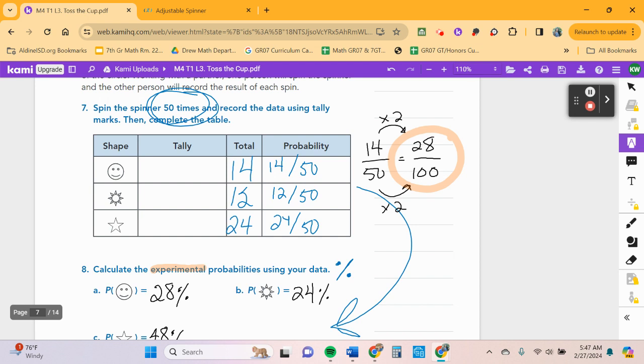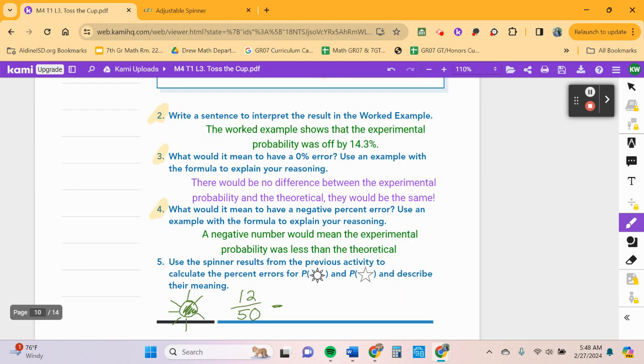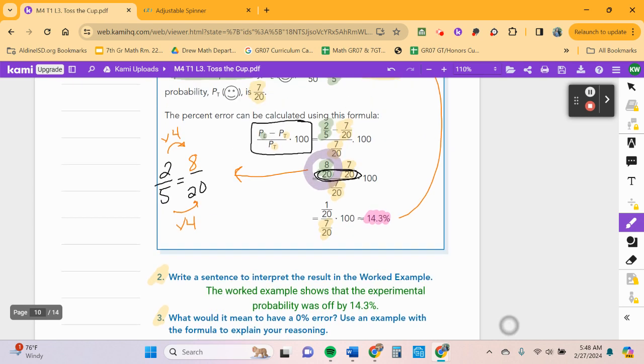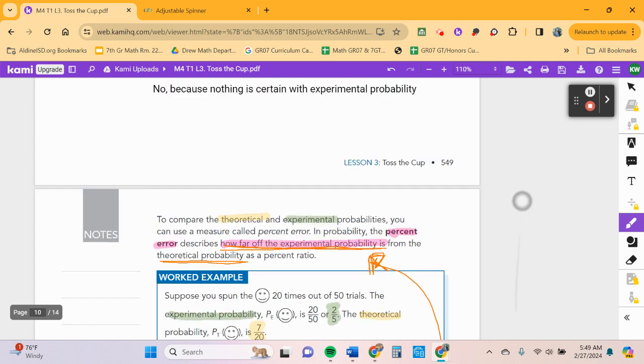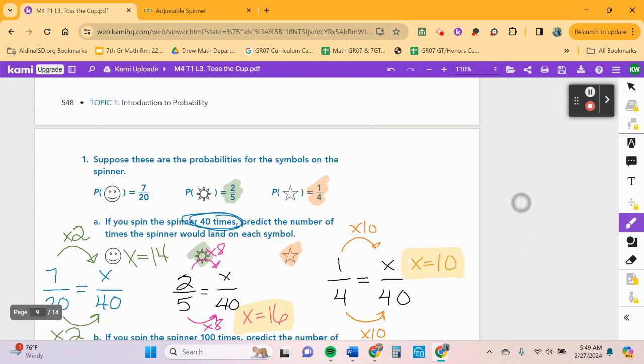So for this demonstration, I went back to the previous activity and we're going to use the sun. This was the experimental probability when we used that spinner, and we got 12 out of 50. So 12/50 was our experimental. Then we're subtracting our theoretical, and our theoretical we're getting from the previous page.